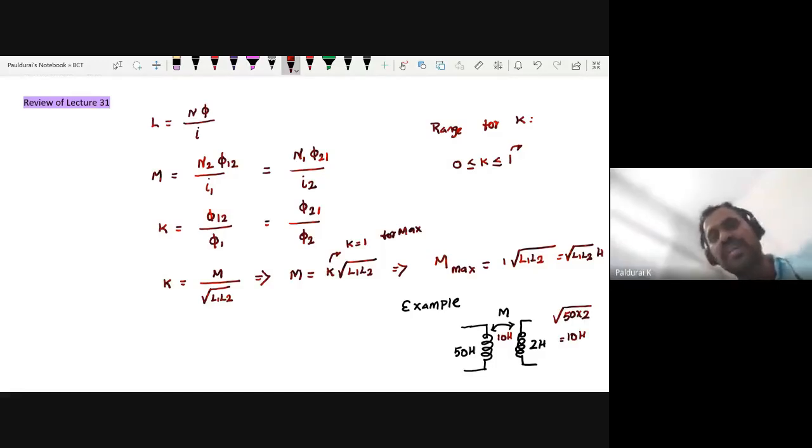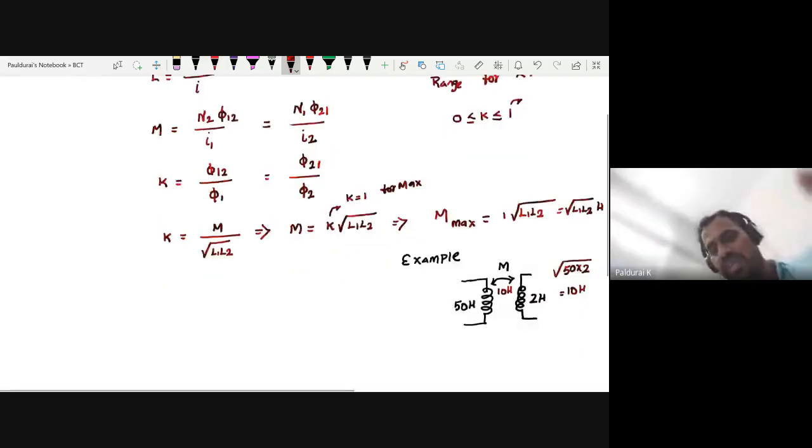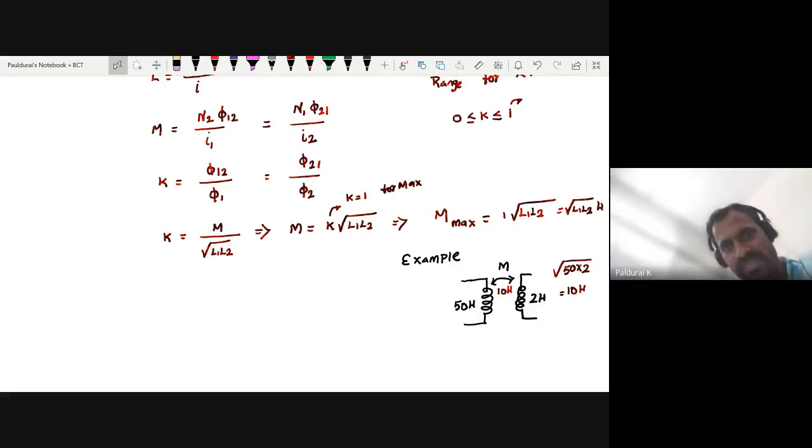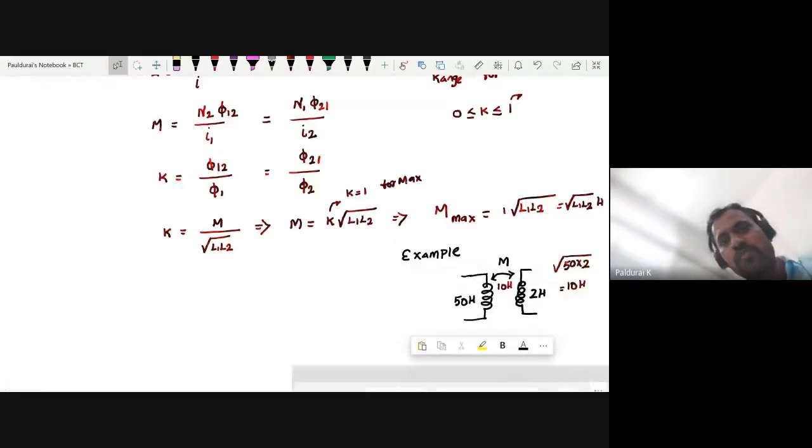You can easily predict the maximum mutual inductance just by seeing the circuit diagram itself. This value of 10 Henry applies on both: the 2 Henry coil will put a 10 Henry inductance on the 50, and the 50 will put 10 on the 2.